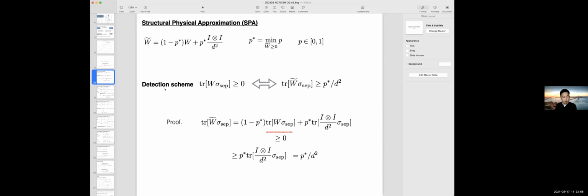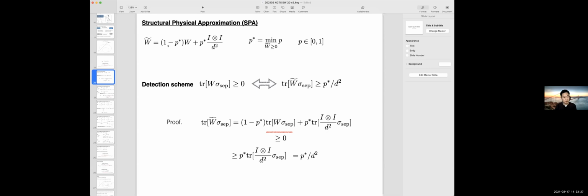Then one has to look at the detection scheme. Before, we had a detection scheme where for all separable states, the witness should give a positive expectation value. Now we translate this in an equivalent way in this form, because W tilde is now a positive operator. The proof is very simple, in a single line. Given a witness, I construct this W tilde and apply it to separable states.